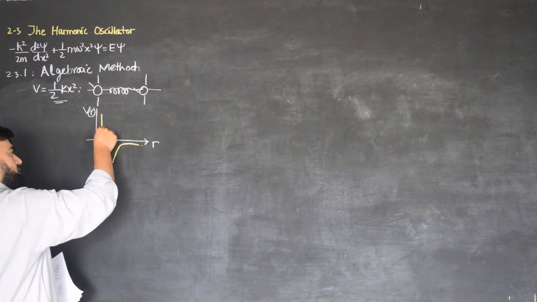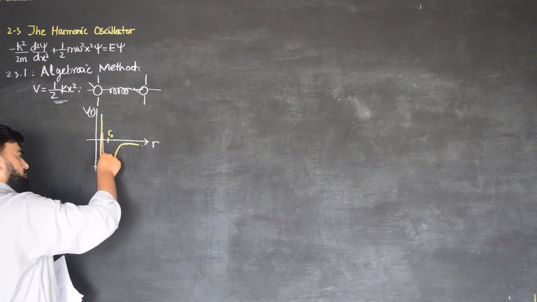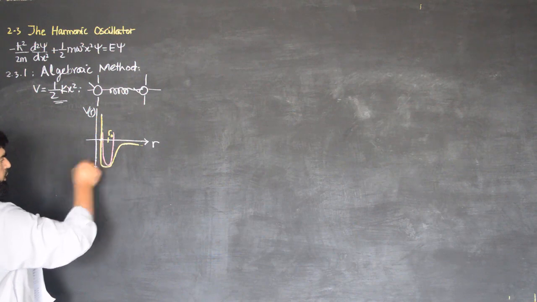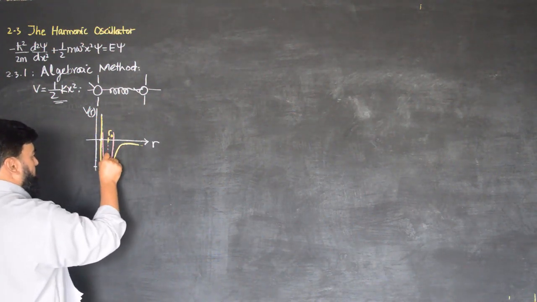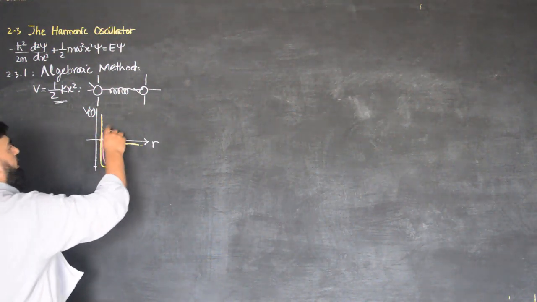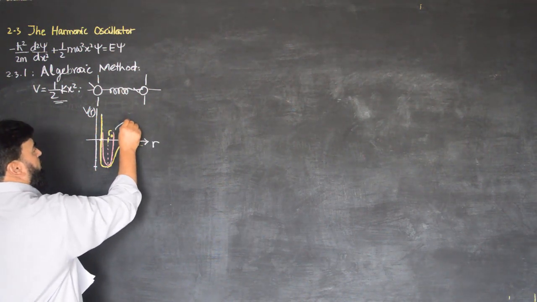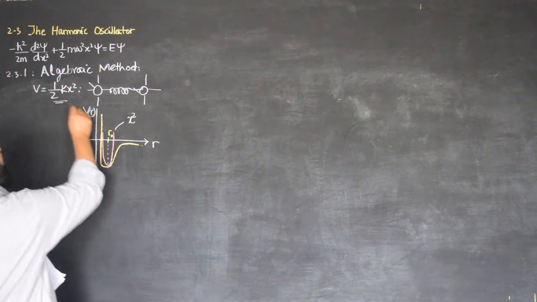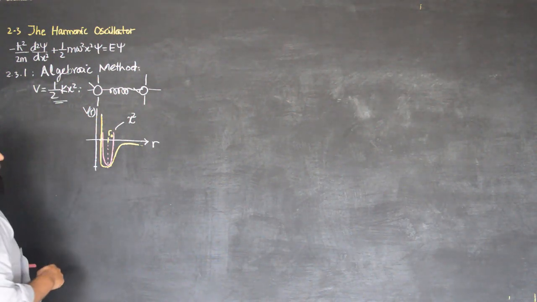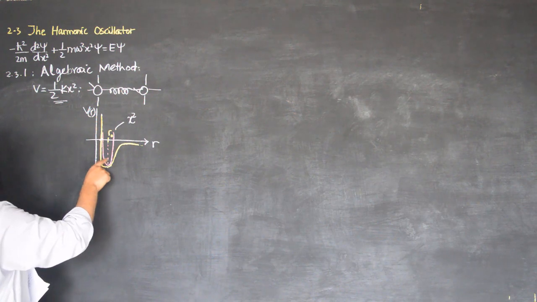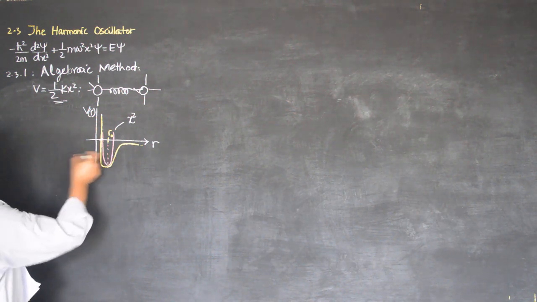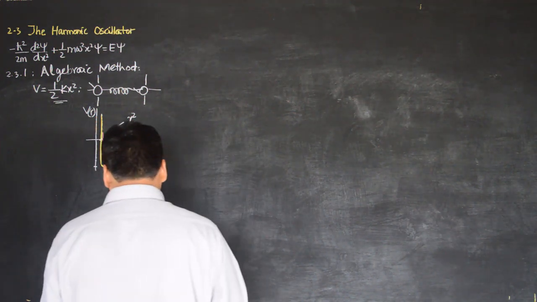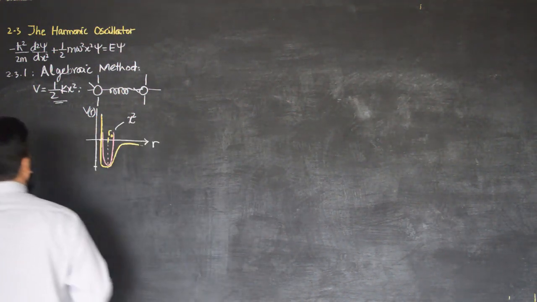This is approximated, and the potential is like a parabolic potential around the equilibrium distance, and this potential is actually like x square. So that's why we have selected this half k x square, and we will now find that in this region quantized energies exist, and we will derive them with our calculations.